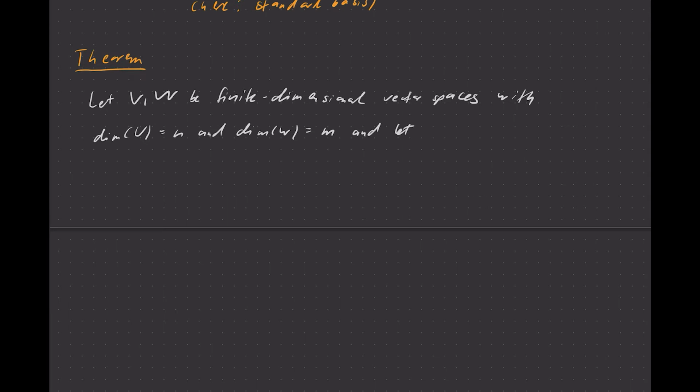Furthermore, let B and B bar be coordinate systems. So B is a coordinate system for V, and B bar is a coordinate system for W.